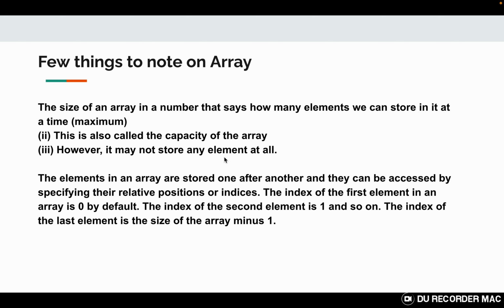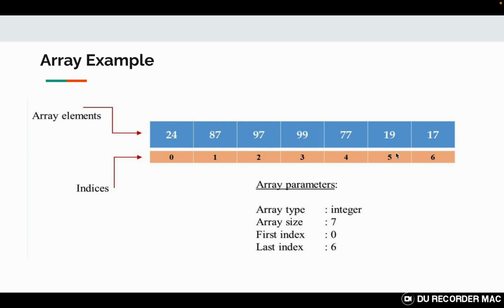However, it may not store any element at all. Now this is important. Why? Because you can declare an array of, say, size 6 or size 7, right? But you can choose not to put any element in it. So if you are not putting any element in it, then that memory space would always be empty.